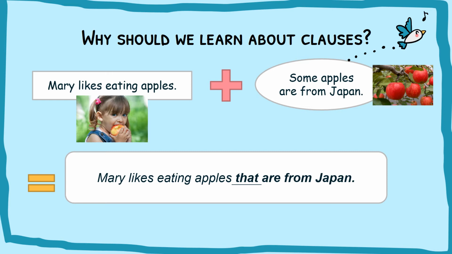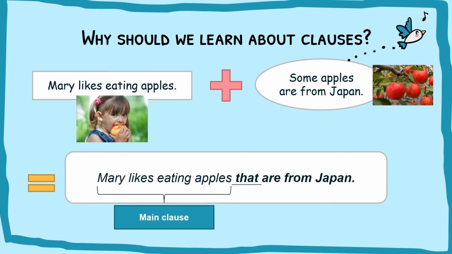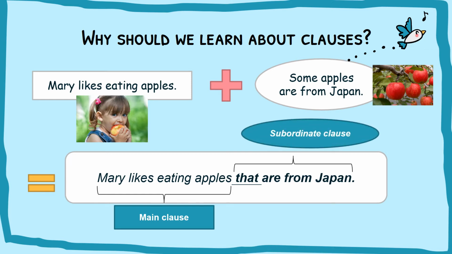Mary likes eating apples that are from Japan. So the first four words, Mary likes eating apples, that is the main clause. And the last four words, that are from Japan, those words form the subordinate clause.